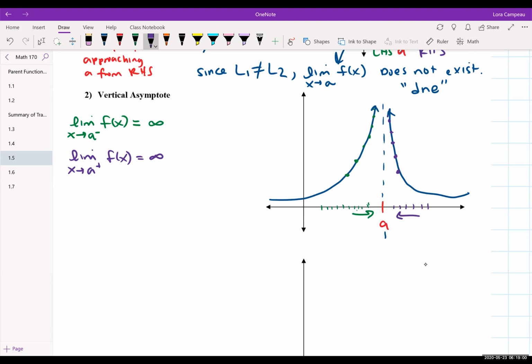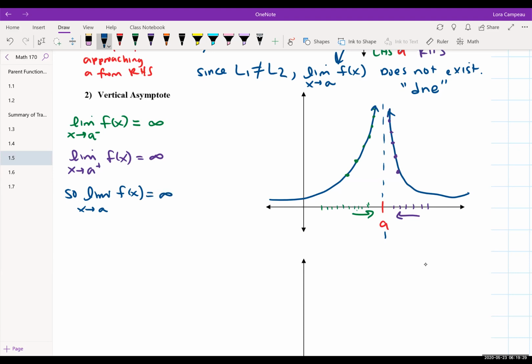Now, I'll give you a side note after this, but it does appear that the y values are approaching the same limit from either side. So based on this, you can say the limit as x approaches a of f of x from either side is equal to infinity.